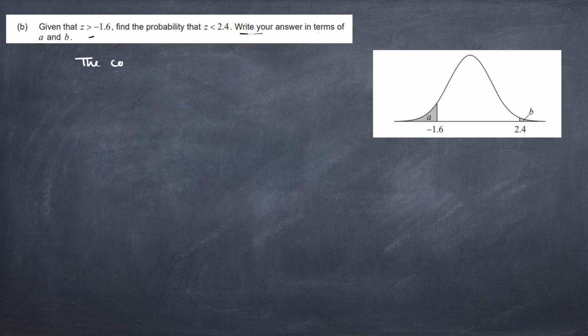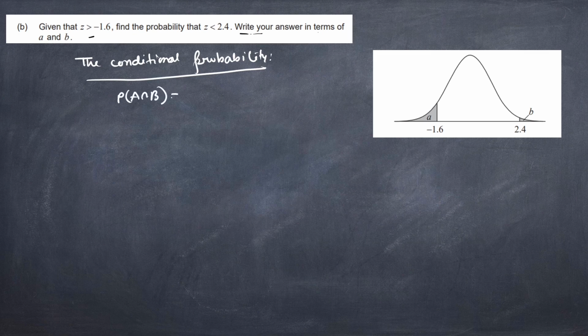The conditional probability is very easy. The rule is P of A intersection B is equal to P of A times P of B given A, where P of B given A is the condition.